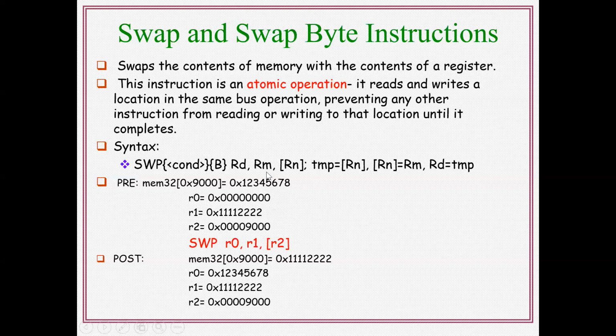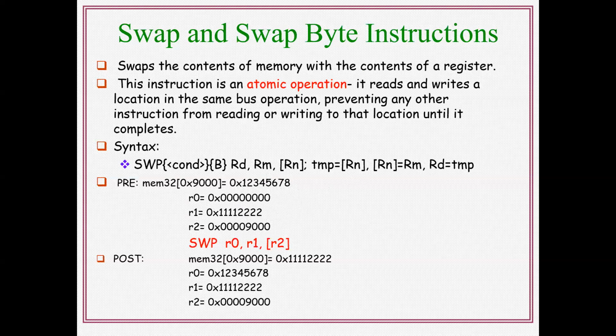Here Rm is R1, which holds 4 ones, 4 twos. So now 4 ones, 4 twos is copied into the 9000 H memory location, replacing 12345678. Already we copied 12345678 into one temporary register.